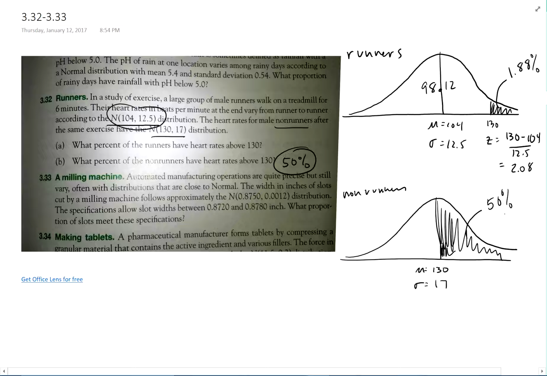So 50% for the non-runners and 1.88% for the runners. All right, so there's 132, and I will leave it at that, and we'll do 133. Yeah, you know what? We'll do 133 together. Let's just run with it since we're here.